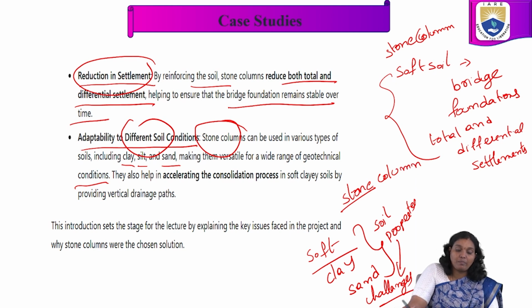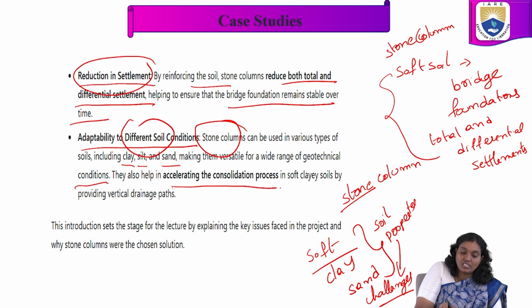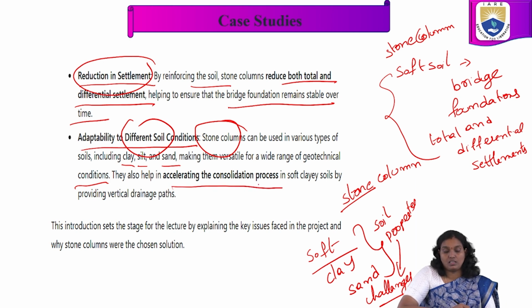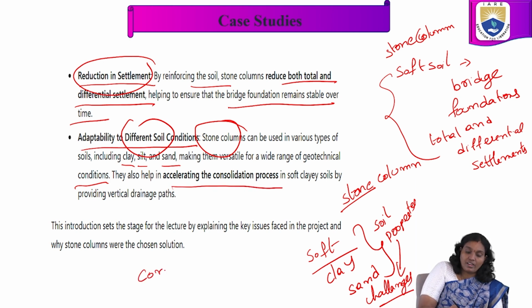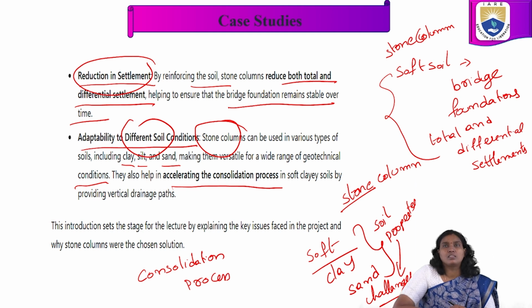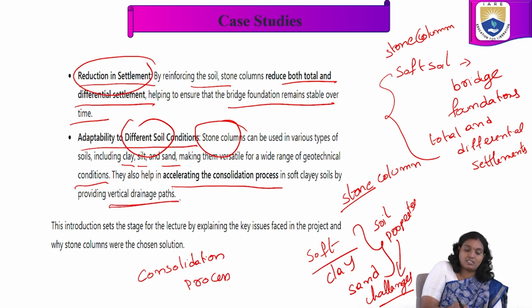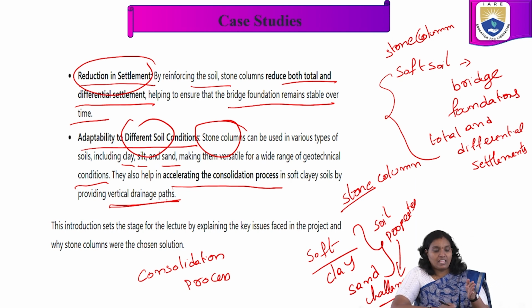They also help in accelerating the consolidation process. The stone column technique is helpful in soft clayey soils by providing vertical drainage paths. So these are the various advantages involved in stone columns. That's why we choose this stone column technique.